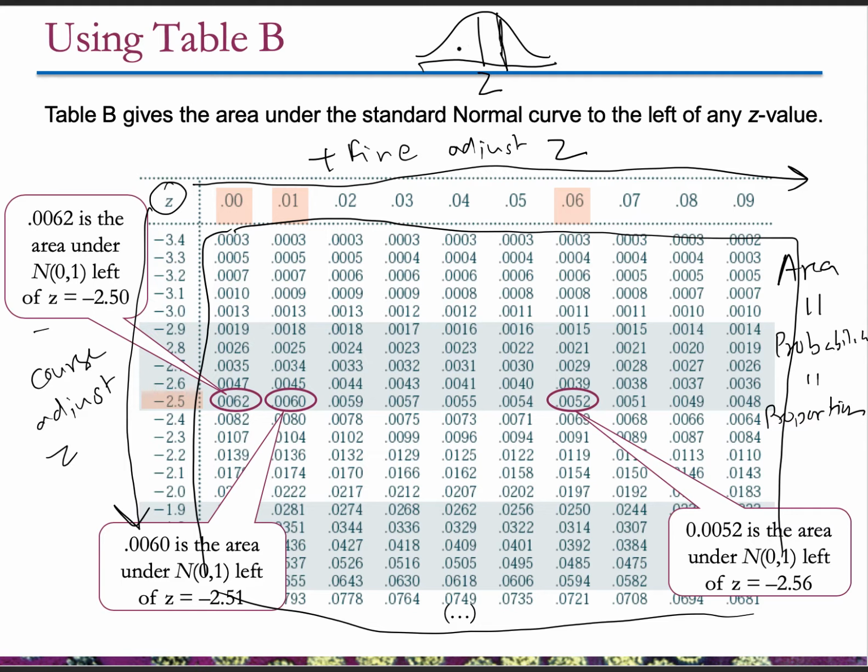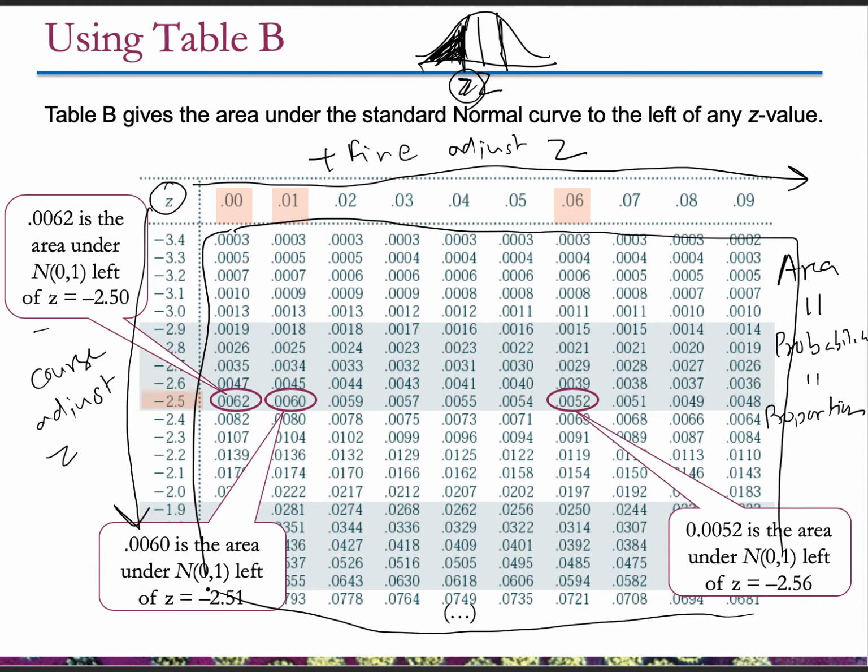It is never going to give you the area to the right of z. If you want the area to the right of z, subtract it from the total area of 1, but that's something we will look at a little later in the next slide. As of now, make sure you know the table gives you the area left of that particular z-score.